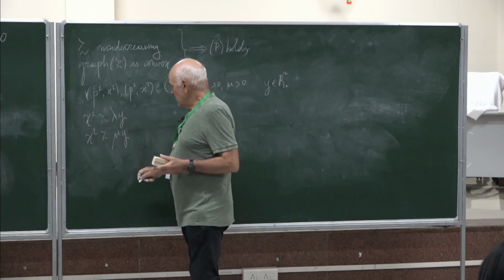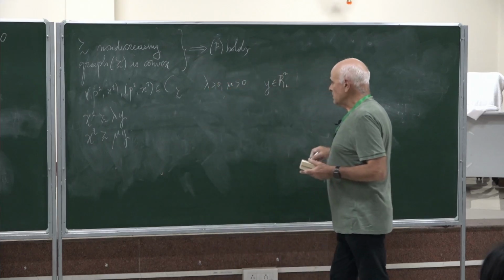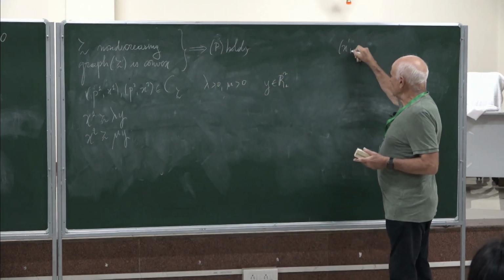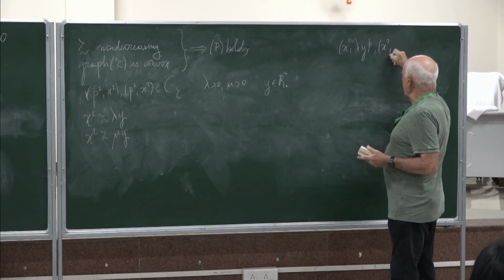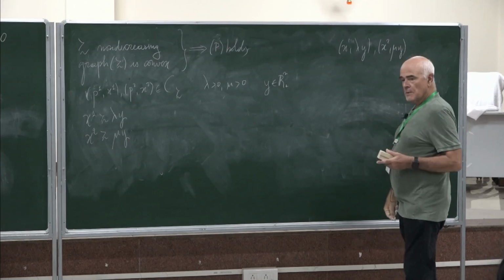Then, of course, x1 and lambda y, and x2 and mu y are in the graph.